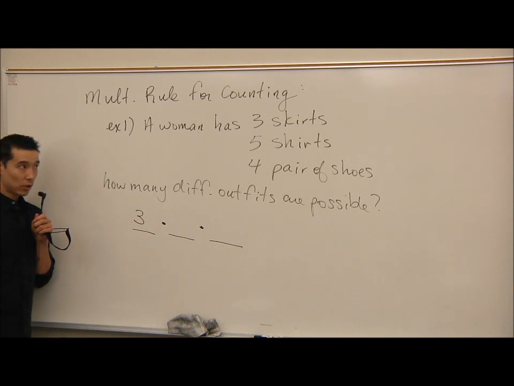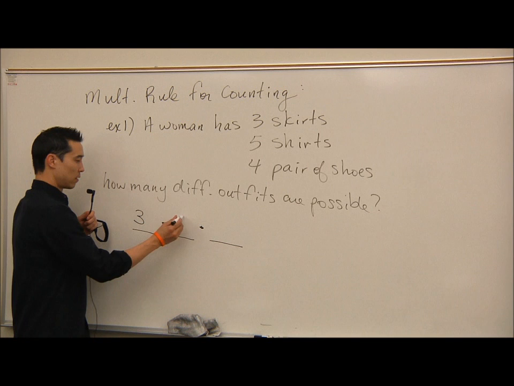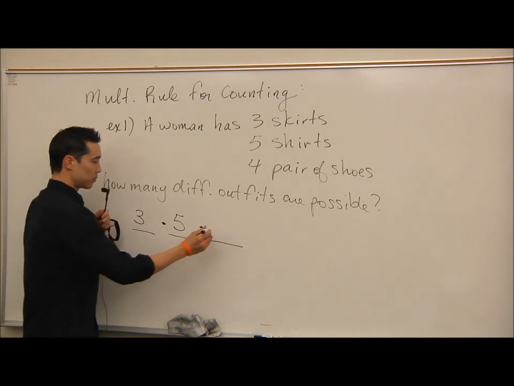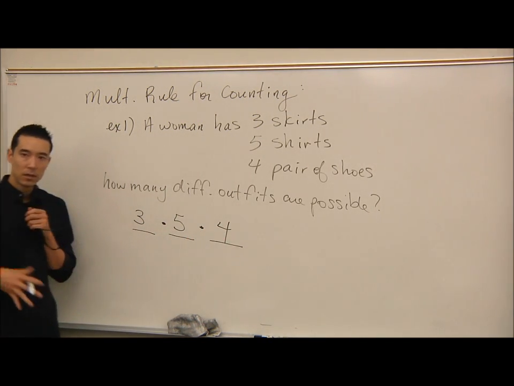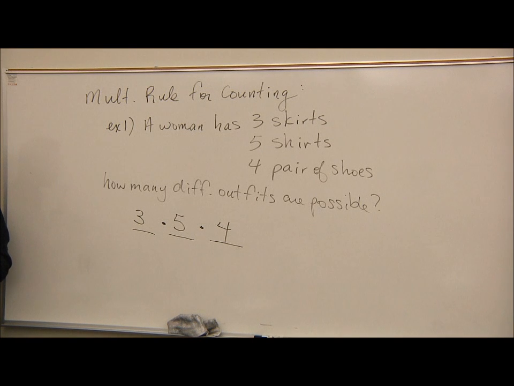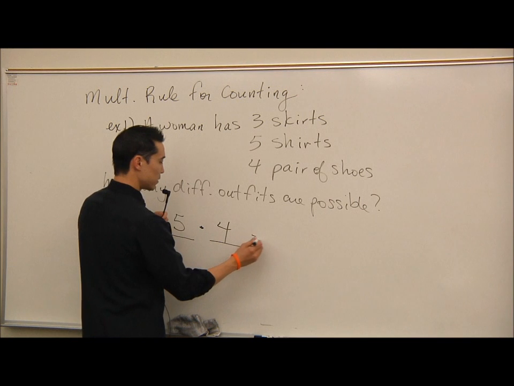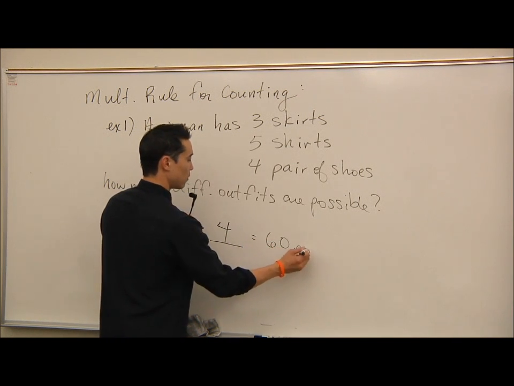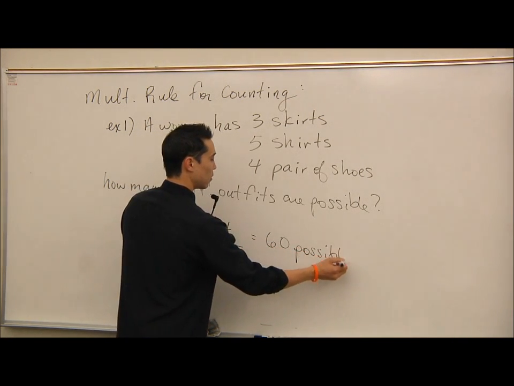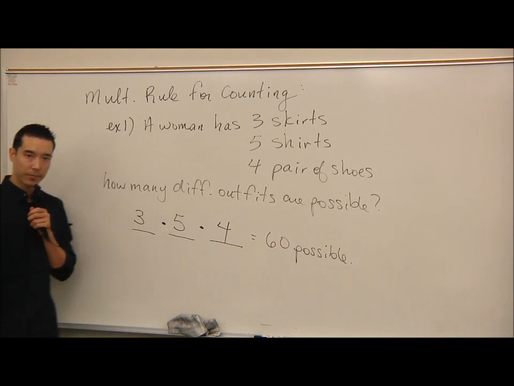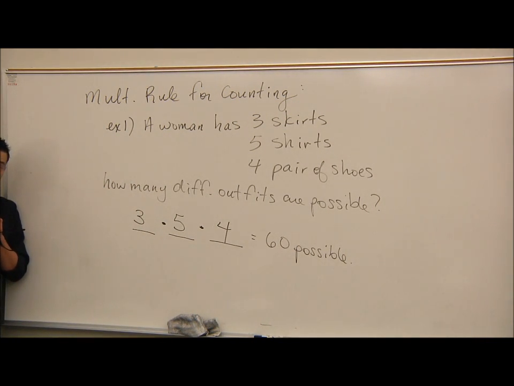With shirts? 5. And with shoes, 4. So to get the total number of different possible outfits, you just multiply these together, and you have 60 possible outfits. And that's it. Relatively easy.